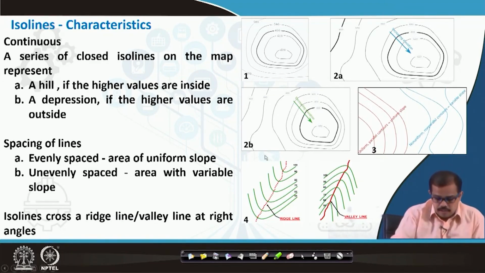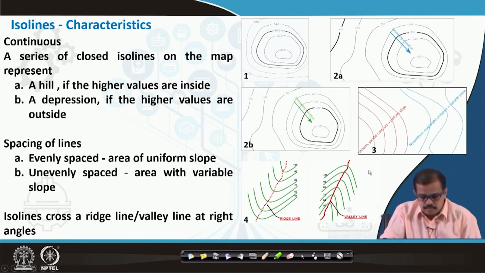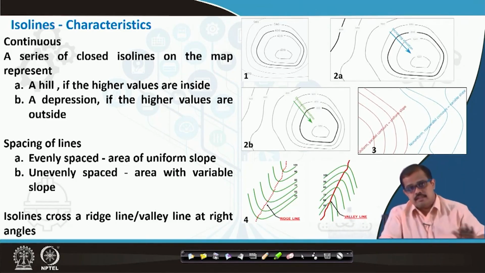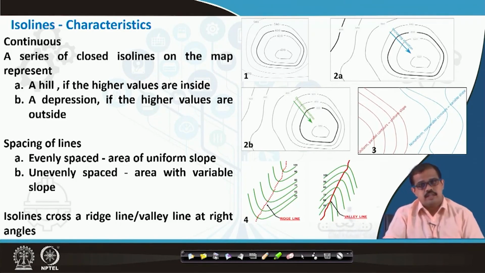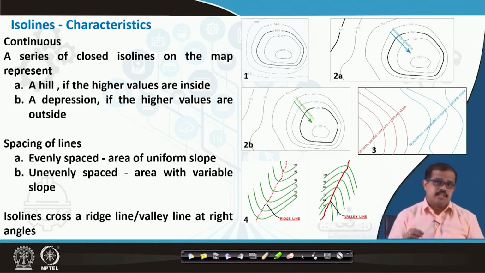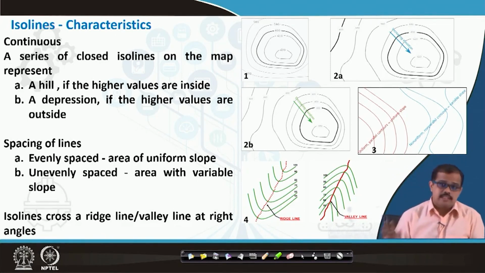Only for certain regions which are completely uneven, where every point is changing, which is extremely difficult to get, in such cases only do you have an isoline representation which is uneven; otherwise it has to be even. Then isolines cross a ridge line or valley line at right angles only. So please keep this in mind.